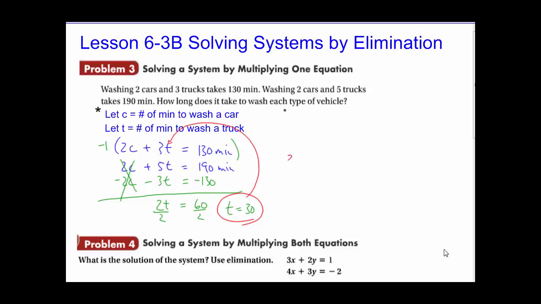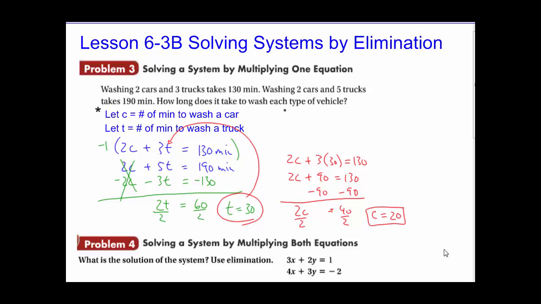We get 2C plus 3 times 30 equals 130. 2C plus 90 equals 130. If we subtract 90, we get 2C equals 40. Then we divide by 2 again, so C is equal to 20. So we have 30 for T, 20 for C.